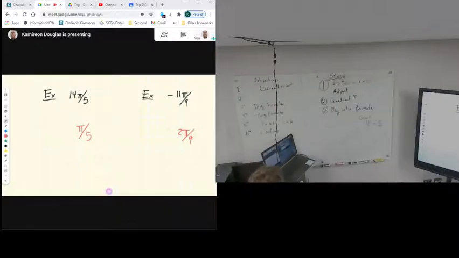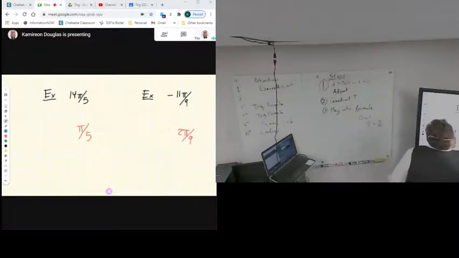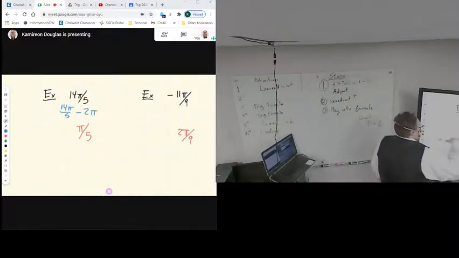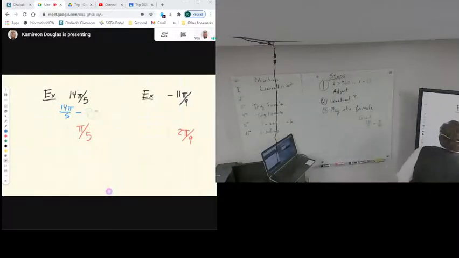Okay, so on this one, first of all, this is not in the first quadrant, so I'm going to take the first step, which is to subtract 2 pi from 14 pi over 5. But do not forget, if I want to subtract or add fractions, they must have the same denominator, so I cannot subtract 2 pi. I'm going to instead subtract 10 pi over 5.